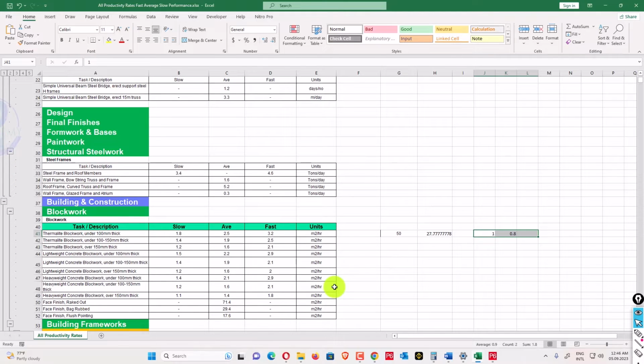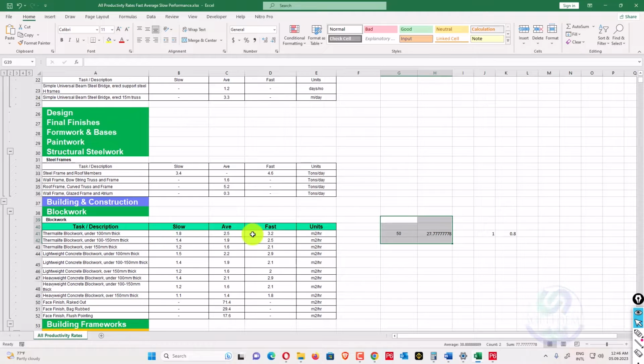So a crew can be created by adding all the productivity, combining all your crew performance. Like if there are 3 people, you can convert that 1.8 into those 3 people, that crew. So this is the basic calculation you should know.